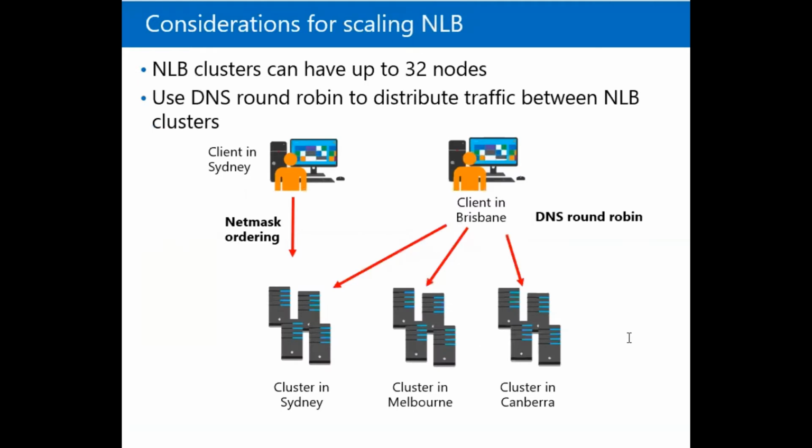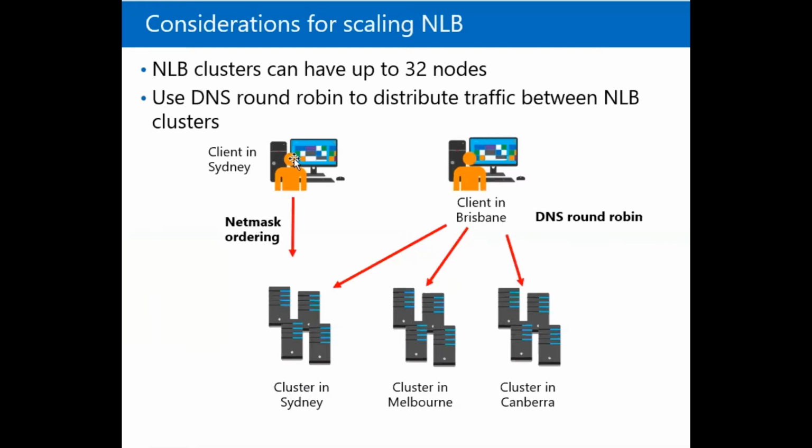Considerations for scaling NLB. NLB clusters can have up to 32 nodes. Use DNS round robin to distribute traffic between NLB clusters. So that means a client in Sydney will be directed to the Sydney cluster. A client in Brisbane may be directed to Sydney, Melbourne, and Canberra in this way.